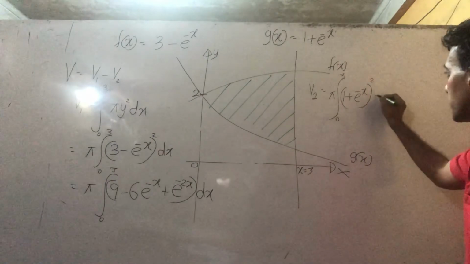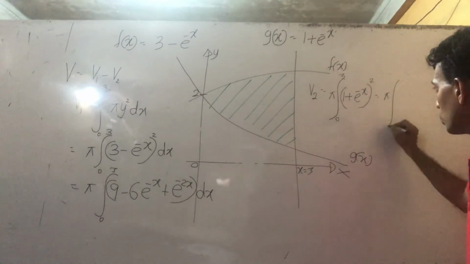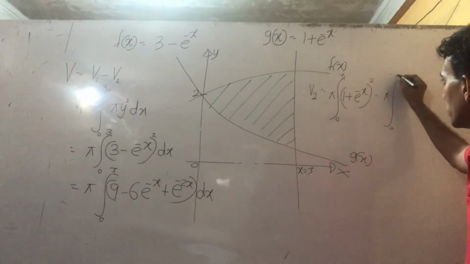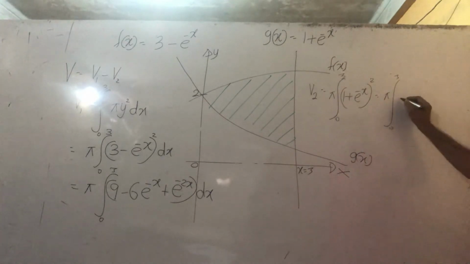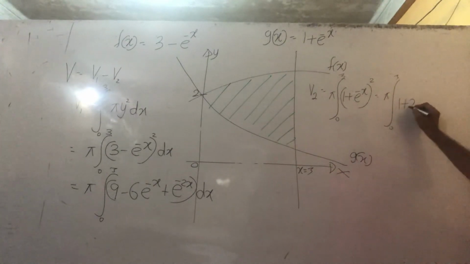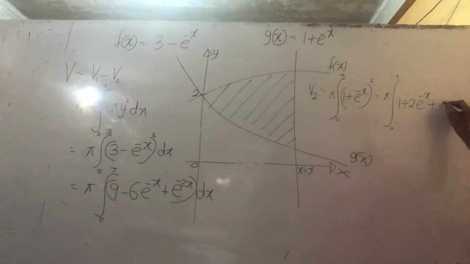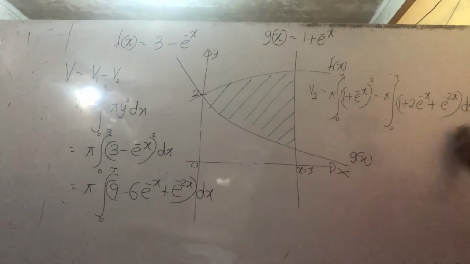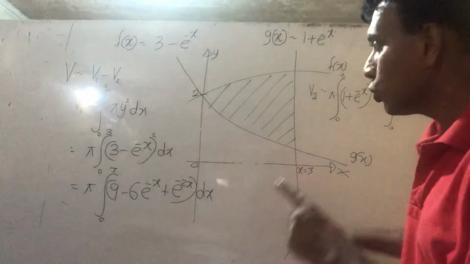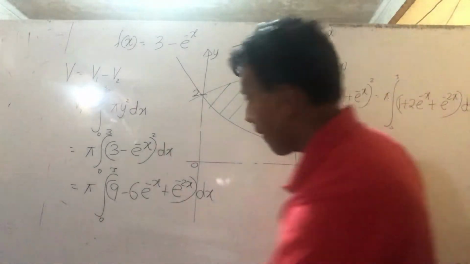So pi into the integral from 0 to 3. I expand this: 1 plus 2e to the power minus x plus e to the power minus 2x, into dx. So you know V1, you know V2.